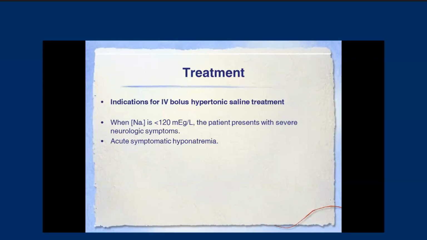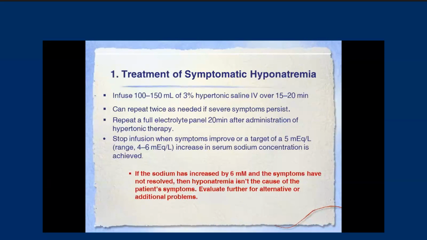So patients with acute symptomatic hyponatremia also need to be treated with hypertonic saline. So the principles of treatment of hyponatremia start with treatment of severe hyponatremia, or those patients with symptomatic hyponatremia.